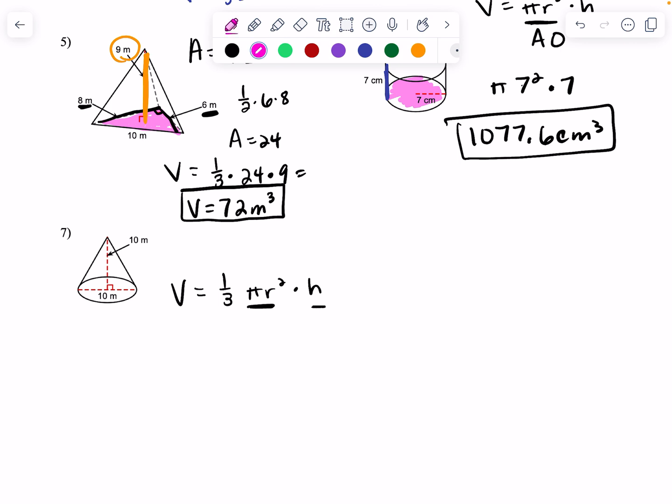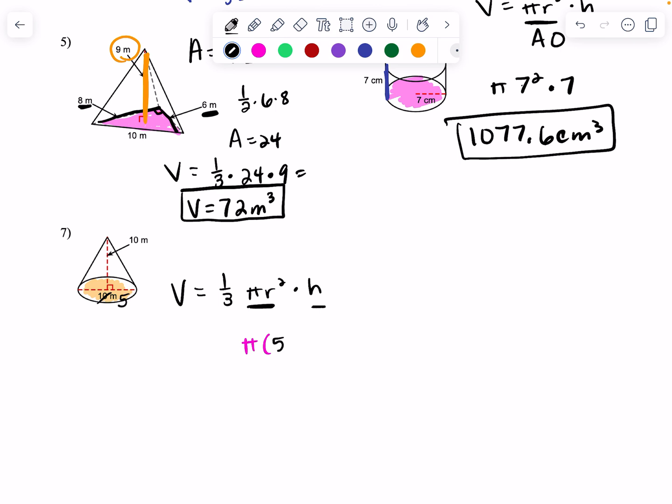So the circle that we are looking at here is this one down here, right? That's the area of the circle. So that's pi times 10 squared. The height is moving down. Ooh, I take that back. Hopefully y'all just caught my mistake. Because the radius is not 10. The radius is 5, right? Because that 10 is the diameter.